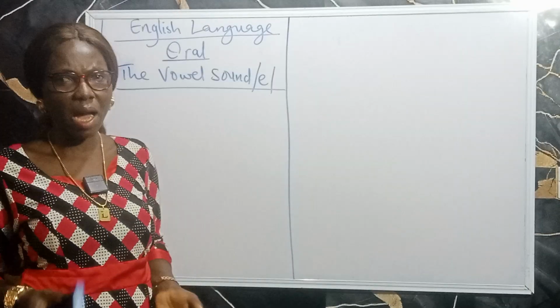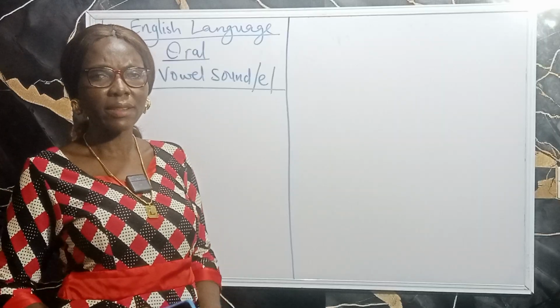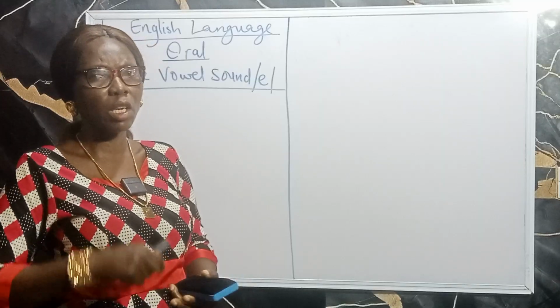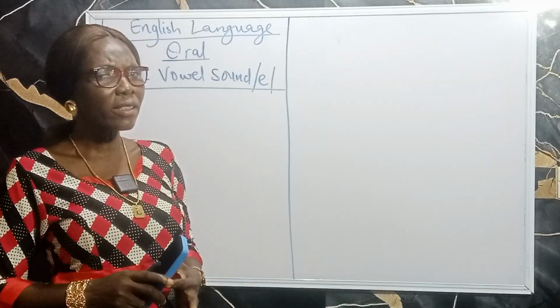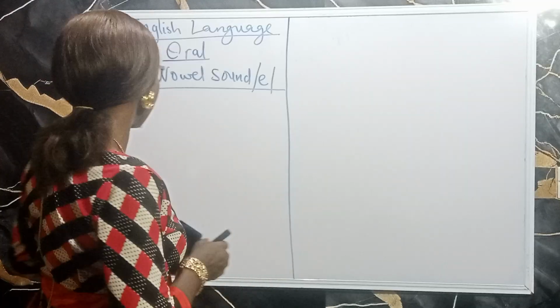Now, how do we pronounce this sound? To pronounce this sound, the front of the tongue is raised a bit and then it is pushed forward, and the tip of the tongue touches the lower teeth. Your mouth is open and the lips are spread.